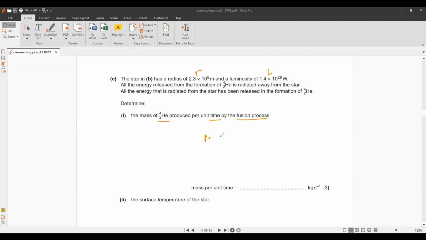Previously we got 2.8 into 10 raised to minus 12 joules. So for the number of atoms per unit time, we will divide 1.4 into 10 raised to power 28 by 2.8 into 10 raised to power minus 12.